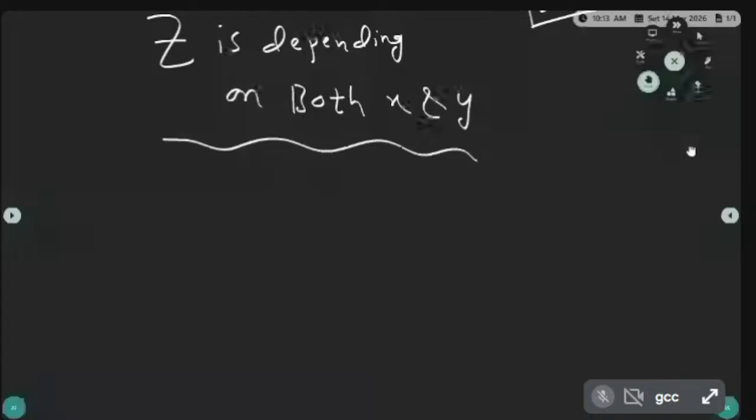All of you note this, partial differentiation, where x, y are independent variables.